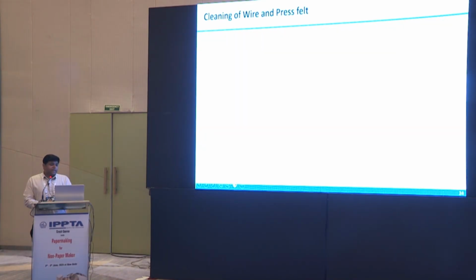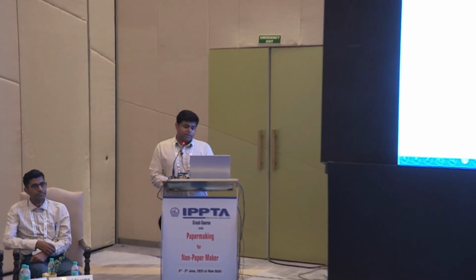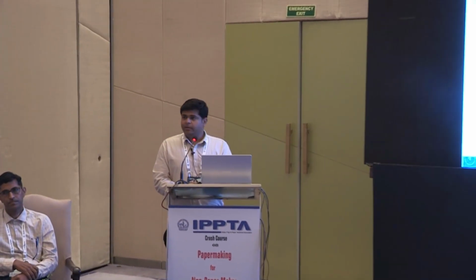So then the cleaning of the wire and the press felt is also a very important segment for paper technology. For example, if the wire, as you can see here, is blocked by sticky material, which usually comes from recycled paper, because we do not know what is inside that paper, a lot of sticky material is deposited over the wire.